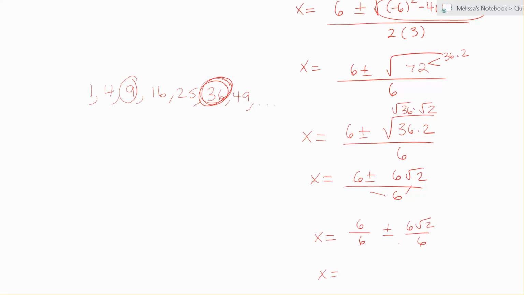And now I simplify. 6 divided by 6 is 1, so I have 1 plus or minus, and then 6 square roots of 2 divided by 6 is just the square root of 2. So my final list of zeros are 2/3, 1 plus the square root of 2, and 1 minus the square root of 2.